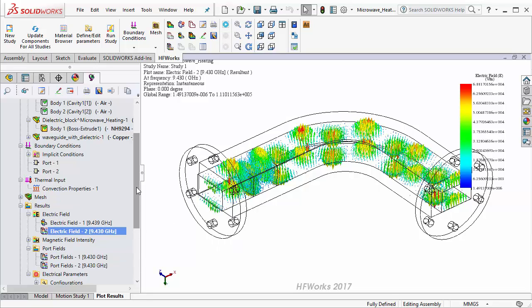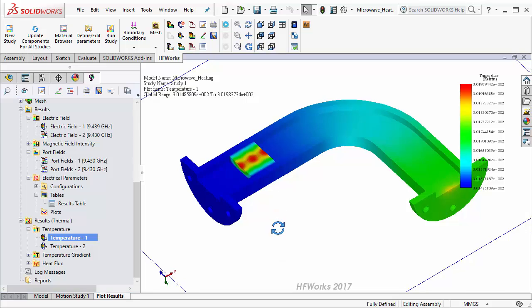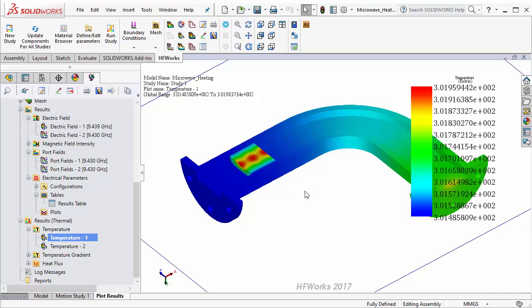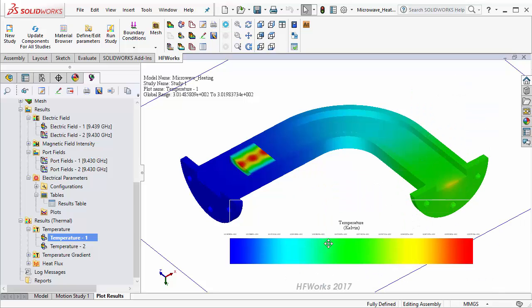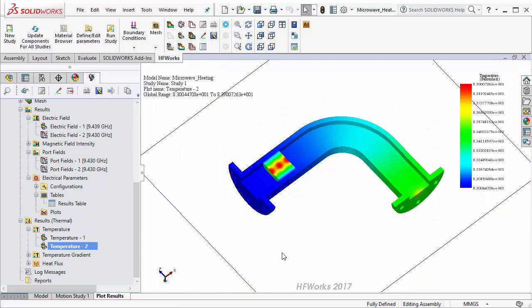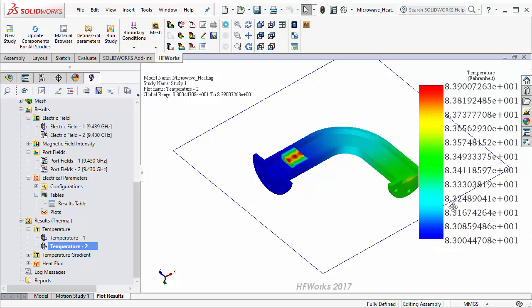And then we are more interested now in the thermal simulation, so we're going to take a look at the temperature distribution inside my model. You can see here how different parts of your model get heated. Specifically, we are interested in the dielectric and how the temperature is distributed inside it. We can look at it in a familiar notation, which is Fahrenheit.